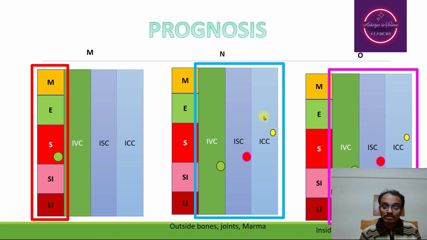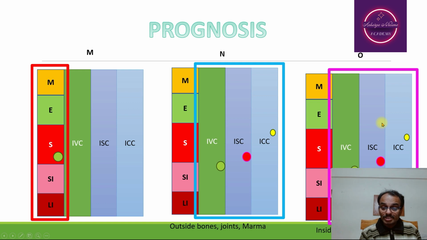In that particular situation, the person who has the pathogen only in the alimentary canal is very easy to treat. Whereas if the pathogens are present in the intravascular compartment, interstitial compartment, intracellular compartment outside the bones, joints and marma, we need to do a little bit of extra work.